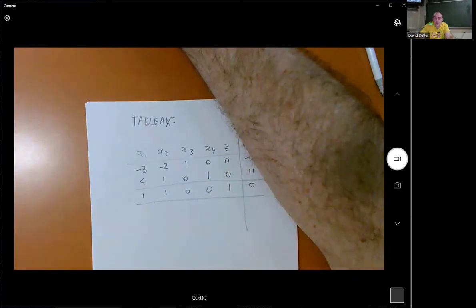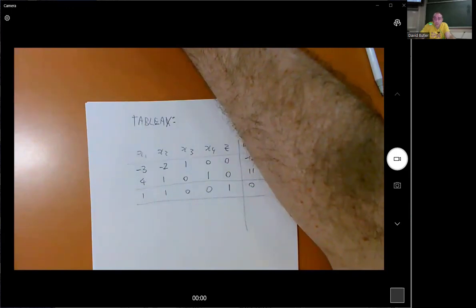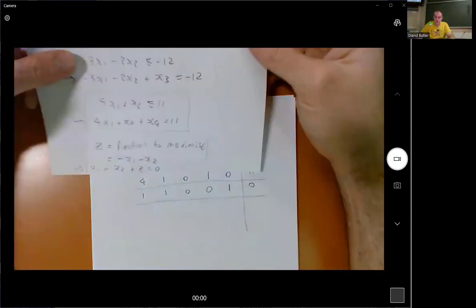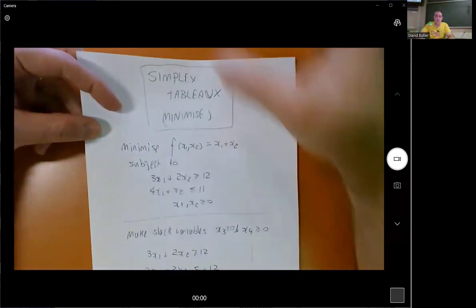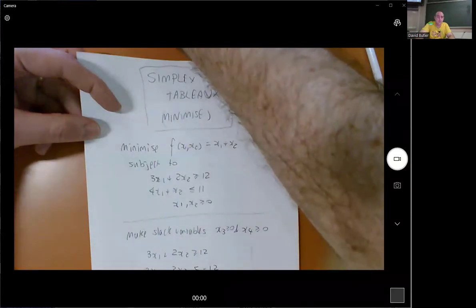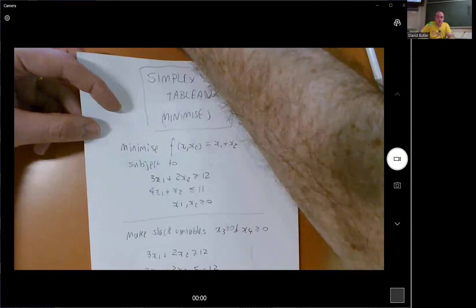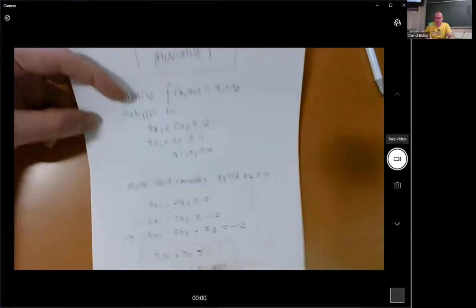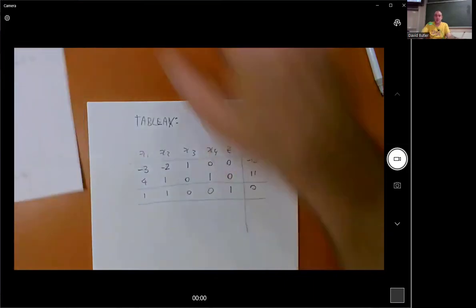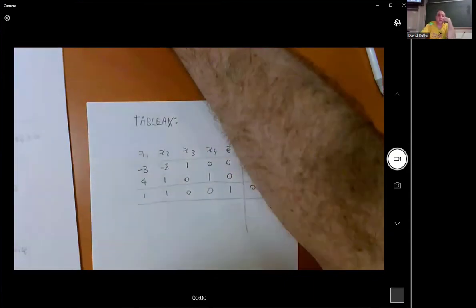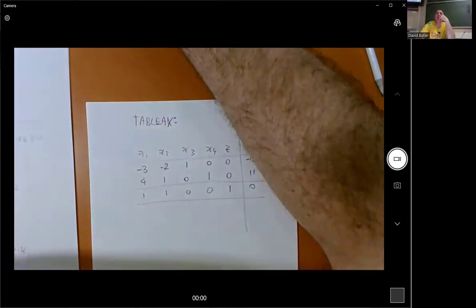Yes, the negative of the objective function. The objective function was this thing, and we've done the negative of that here. So maybe I'm misunderstanding the simplex algorithm.